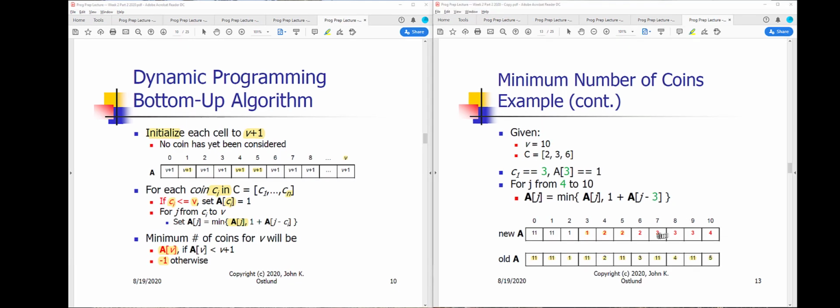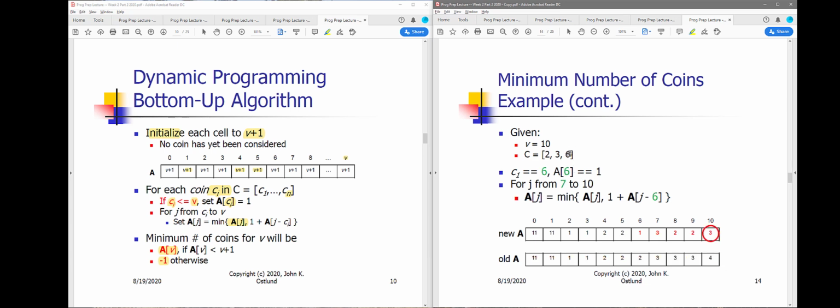And the value of a sub 7 that we computed a little bit earlier in this loop is 3. All right, so we have a choice between a sub j, which is 5, or 1 plus 3. And from that we get that we need 4 coins using the coin 2 and the coin 3. And that's, again, fairly clear. We need 2 3-cent pieces plus 2 2-cent pieces to get ourselves to a value of 10.